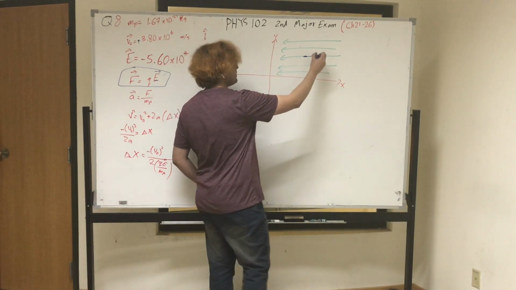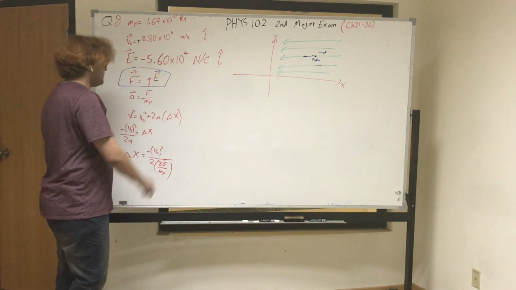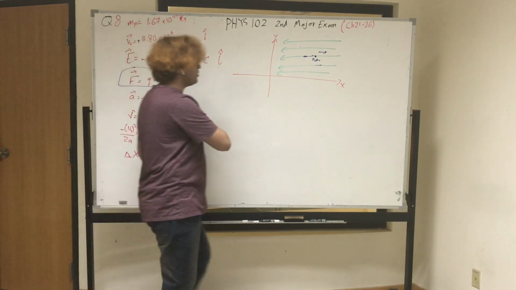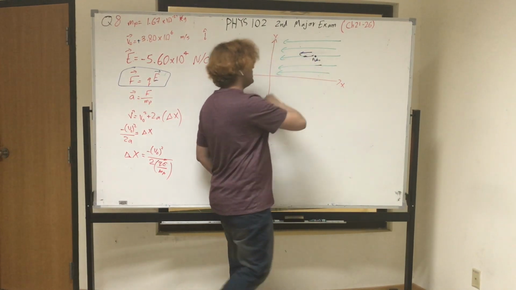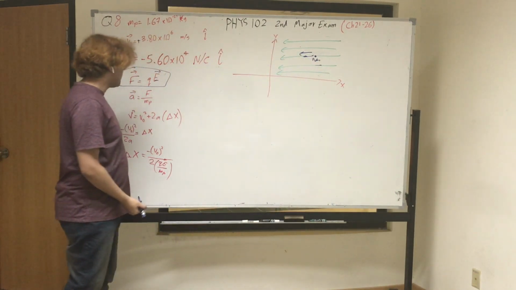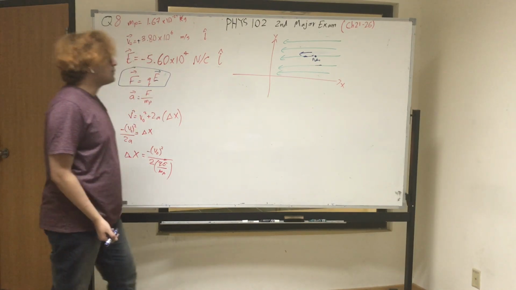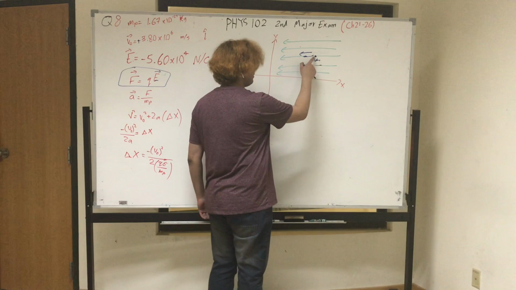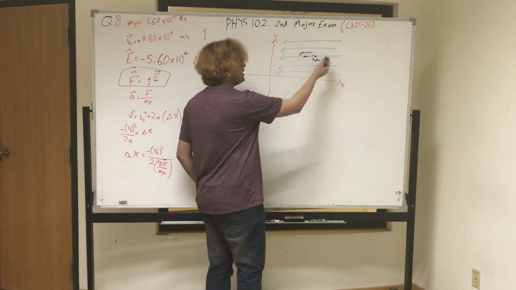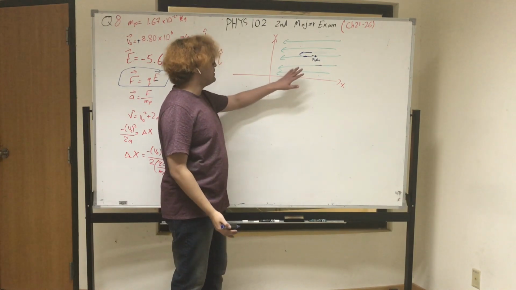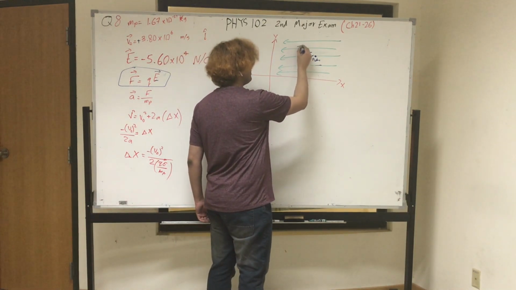But if the charge is positive, then the force is going to be in the same direction as the electric field. We know that protons are positive, so the force exerted by the electric field on the proton is going to be in the same direction as the electric field. So we know that the force will be in this direction.